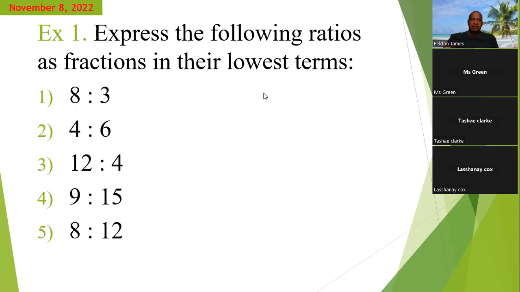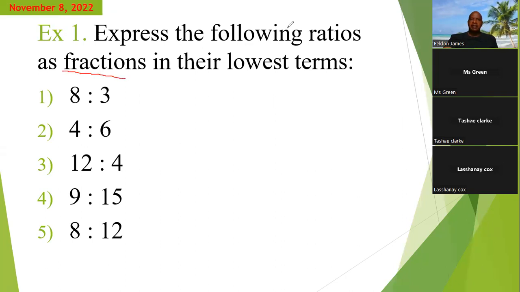All right, so we must at least finish question 1 and question 2, possibly up to question 5, you should be finished by now. All right, so expressing these ratios as fractions in their lowest terms. Now notice that they say express them as fractions.